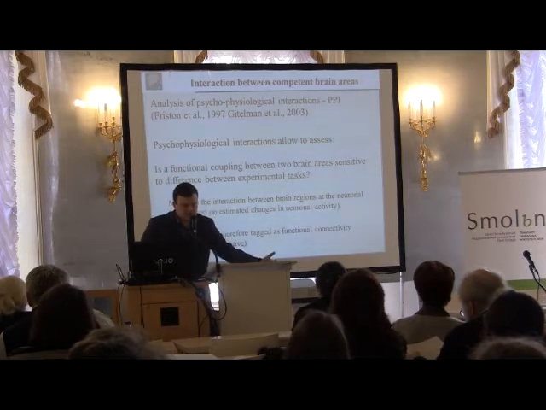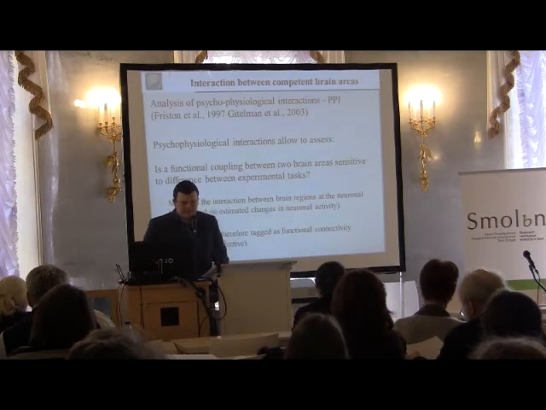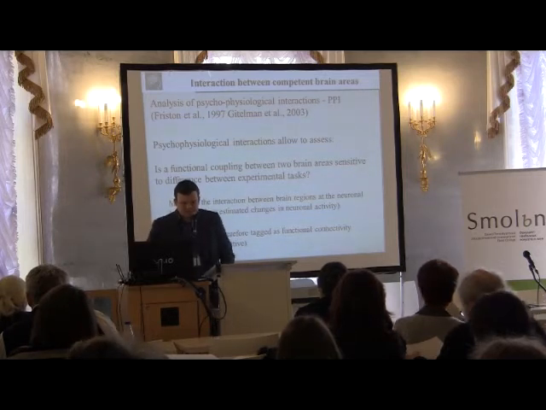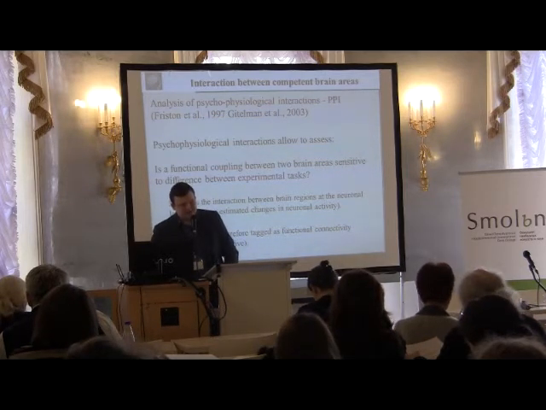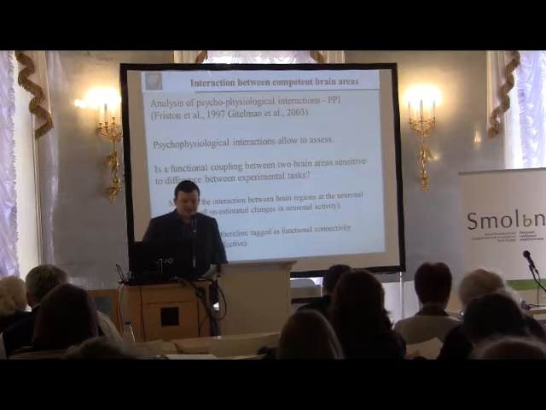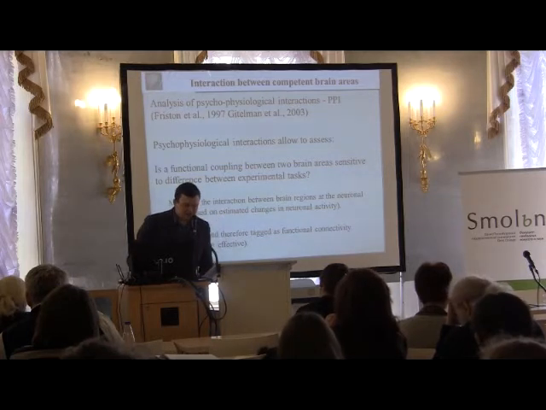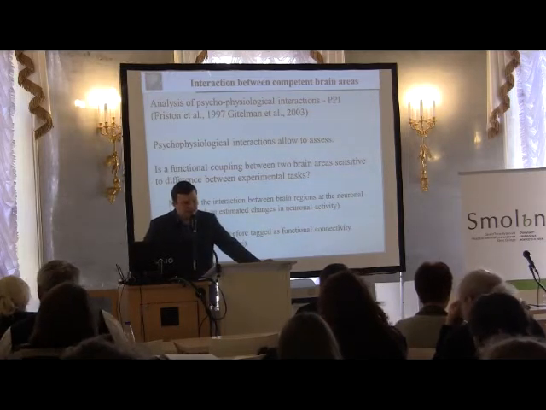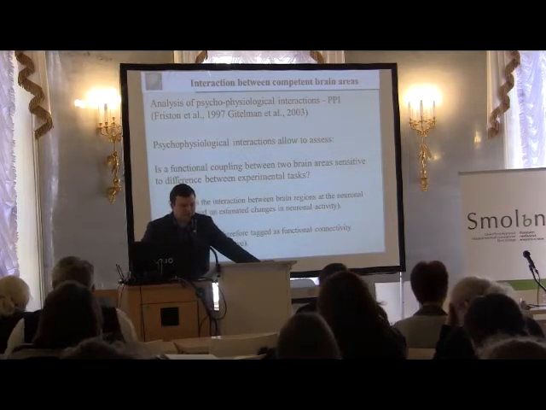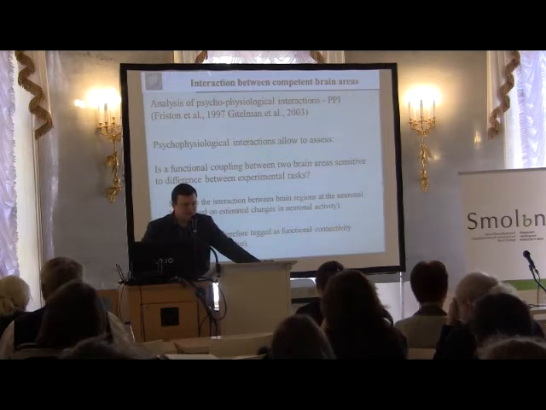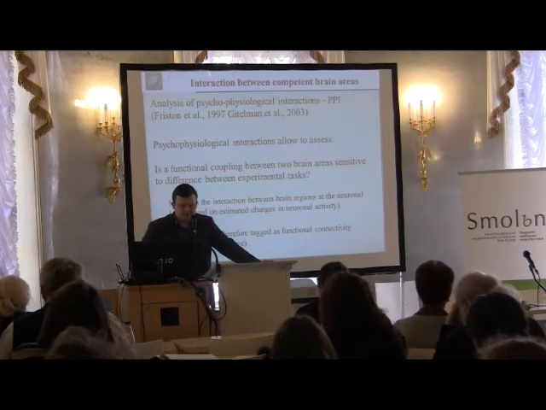It allows you to reveal how your experimental task influences interaction between brain areas. You get a statistical measure of the dependence between two brain areas as a function of the change of your experimental task.